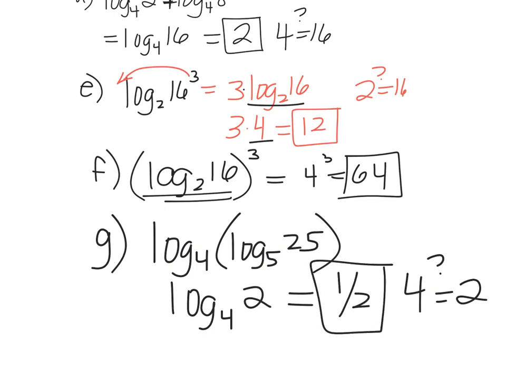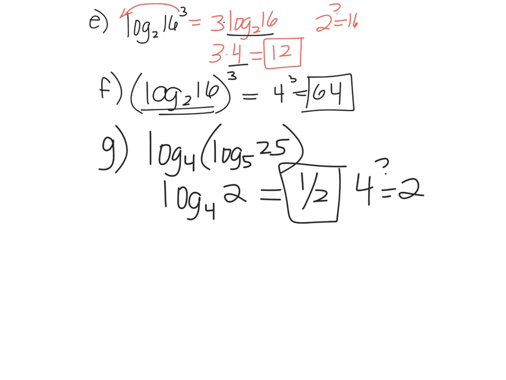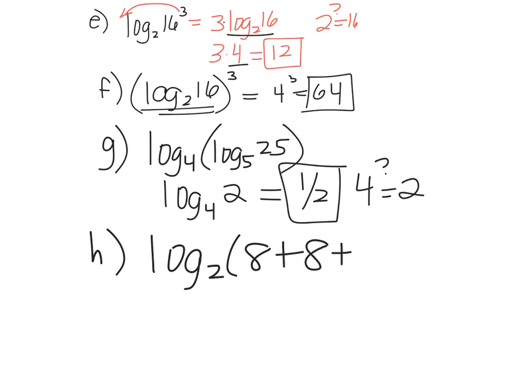Really good, huh? Let's do one more of these. I love these. They're just fun. Yeah, you heard me, 1/2. Log base 2 of (8 plus 8 plus 16). Okay, this looks complicated too.